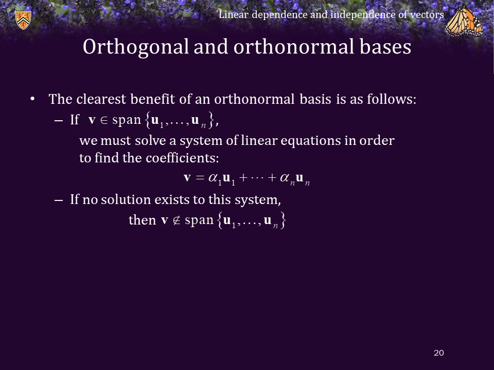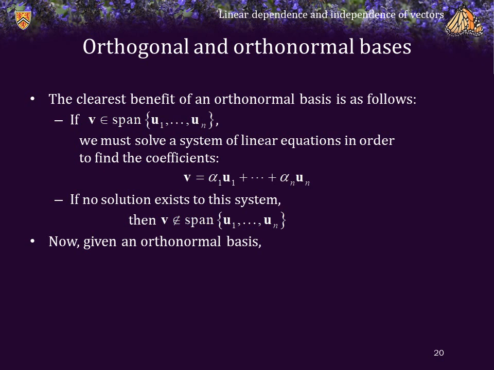Also, if no solution exists to this system, then v is not in the span of this basis. Now, solving a system of linear equations is an expensive operation. We have to perform Gaussian elimination, and if we want to find the coefficients, then we also have to do backward substitution.